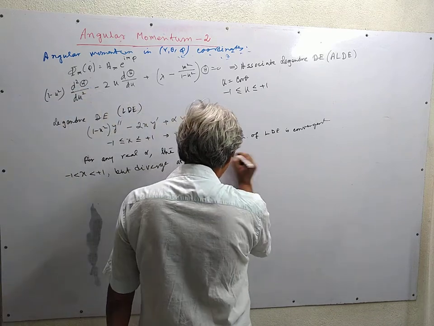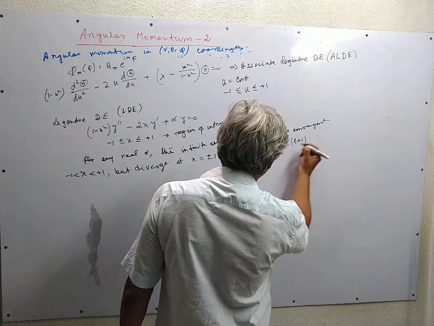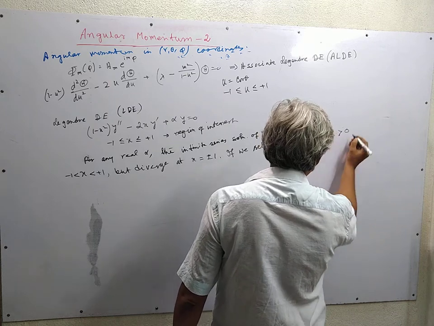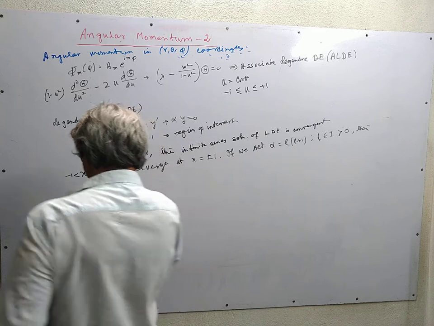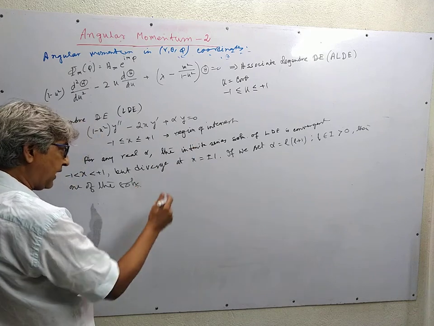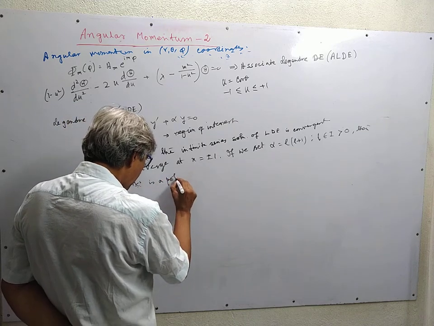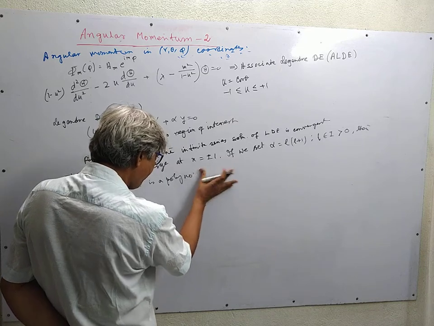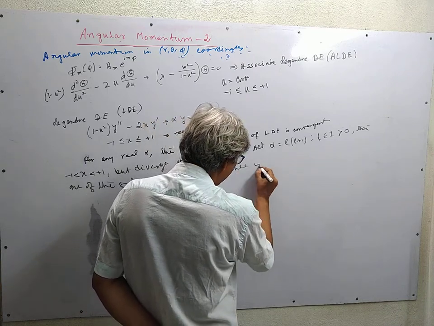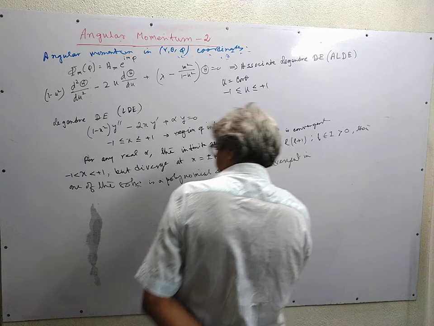If we set alpha is equal to L into L plus 1, with L belonging to integers greater than or equal to 0, then one of the solutions, the even solution for even L and the odd solution for odd L, is a polynomial and hence is convergent in the closed interval.